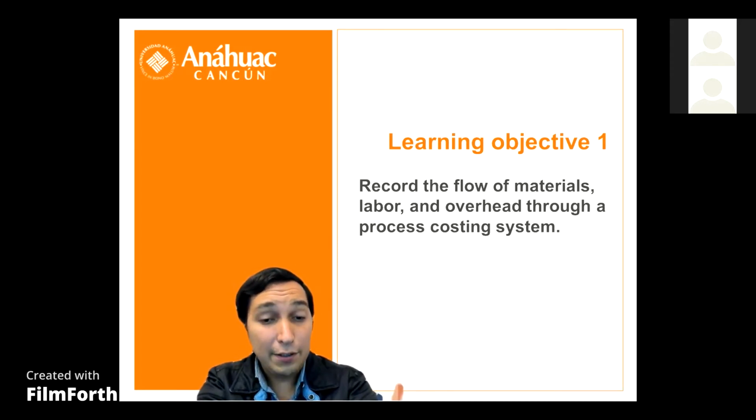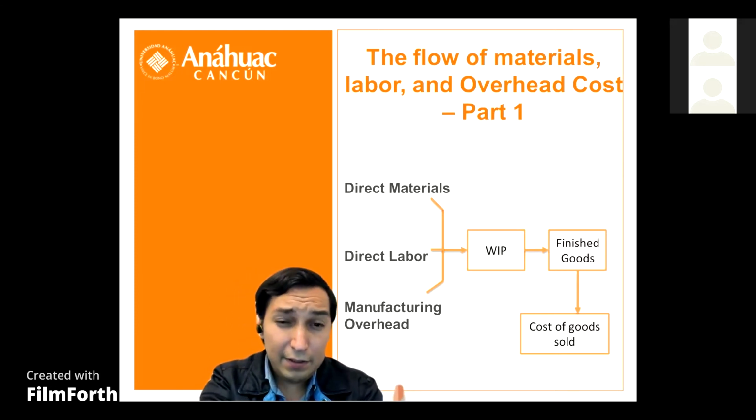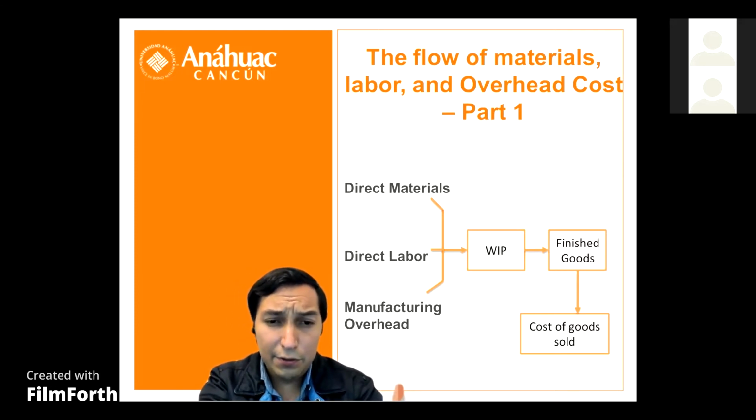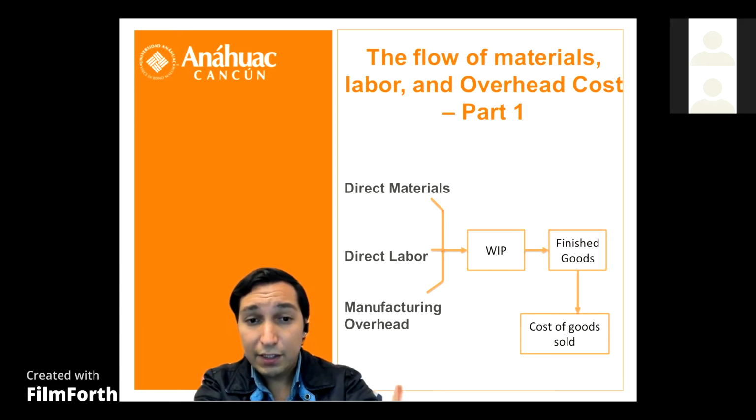Our first learning objective is to record the flow of materials, labor, and overhead through a process costing system. It should look kind of like this. We're going to take our direct materials, direct labor, and MO, and they'll go into our work in process.